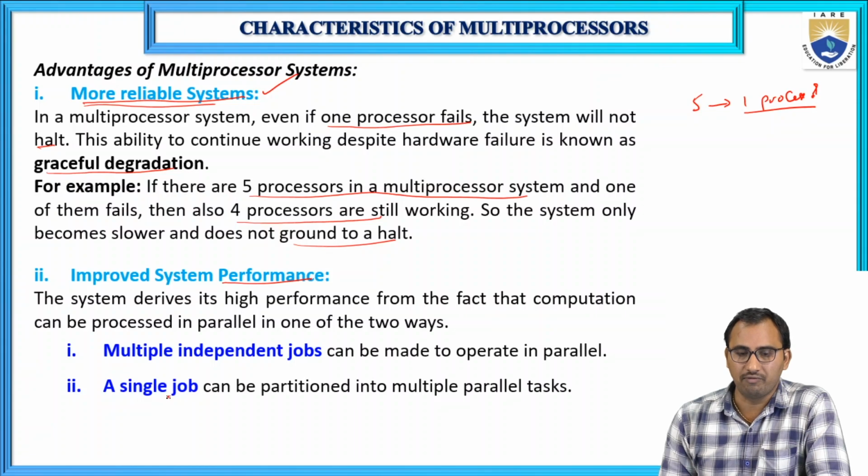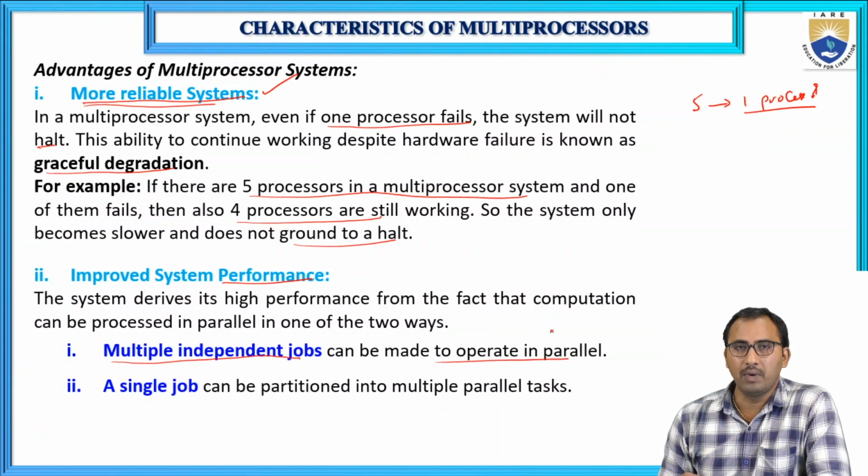In a multiprocessor system, the performance of the system will be improved in two ways. The first way is that multiple independent jobs can be made to run or operate parallelly.